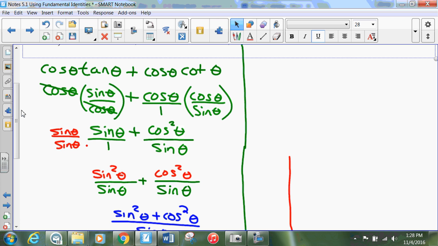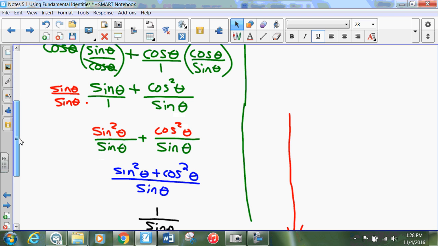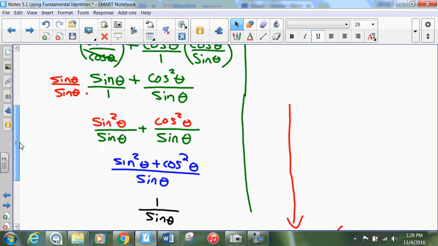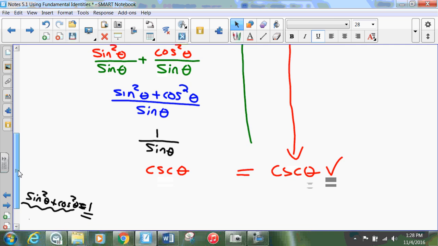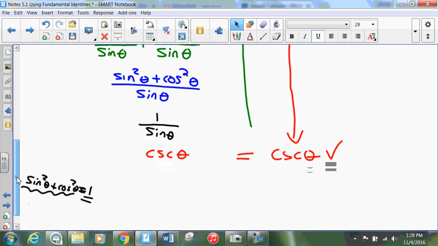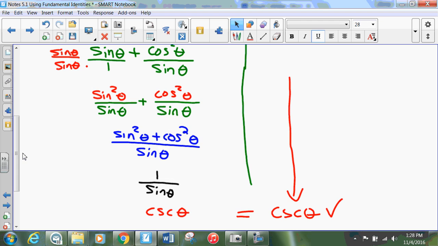Then we used the identity of tan equals sine over cosine and cotan equaling cosine over sine. Then we used simplifying. Then we used combining two fractions by finding common denominator. And then we used the Pythagorean identity. And then we used the fact that 1 over sine theta is equal to cosecant theta. So lots of identities and some algebra.